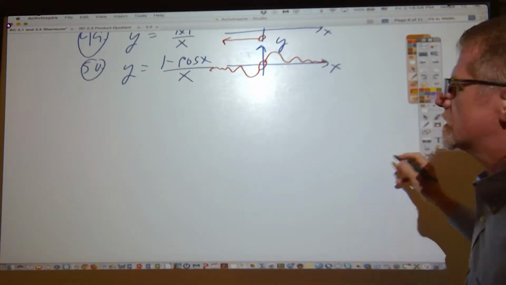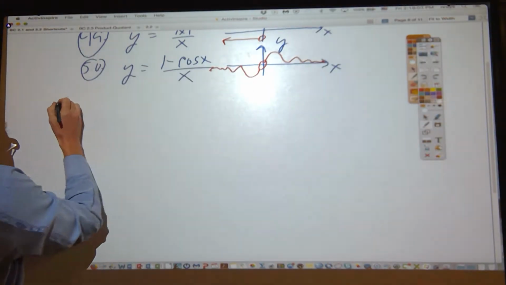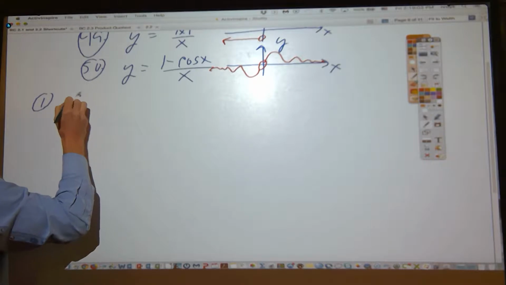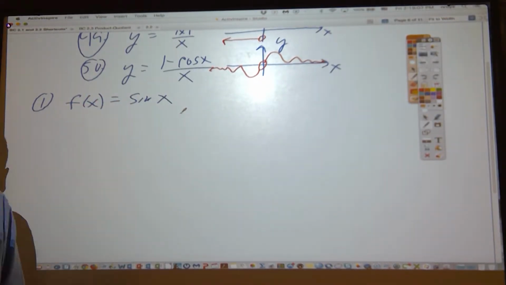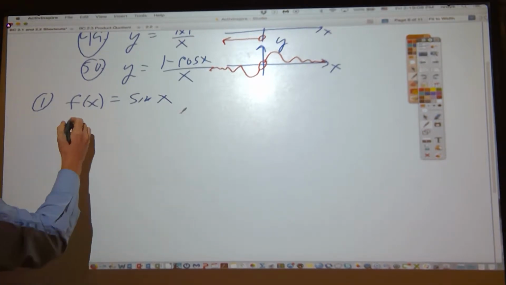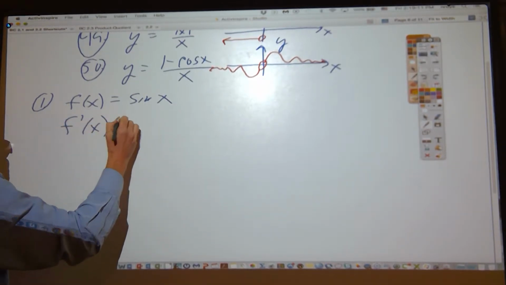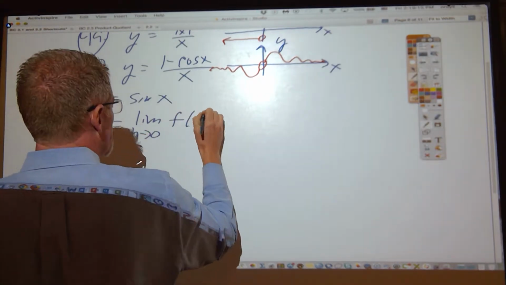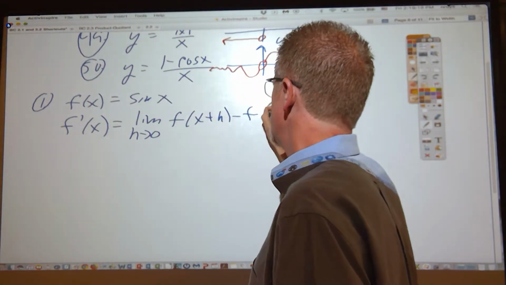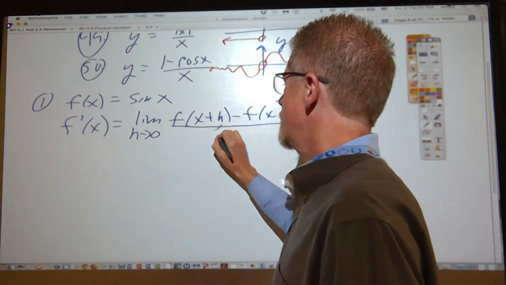So, on the blank side, let's look at problem 1. Let's look at f of x equals sine of x, and let's use the definition of the derivative to find f prime of x. Let's begin with the limit as h approaches 0 of f of x plus h minus f of x all over h.